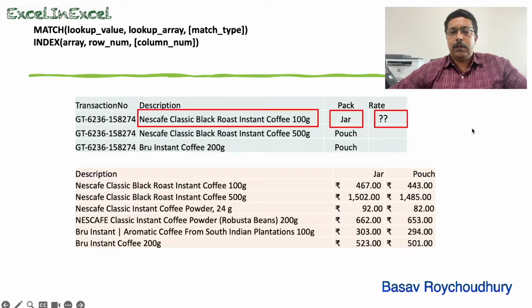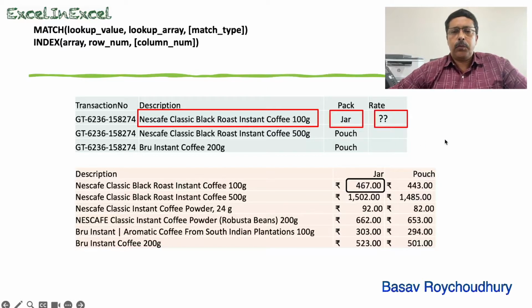So the problem is that given this description and given this jar, that is the coffee and the pack, what is the rate? To figure out that rate, we'll have to look into this table, and as we can see, because it is this particular coffee and because it is a jar, the price would be 467. The question is, how do you get the 467 here using certain Excel functions?